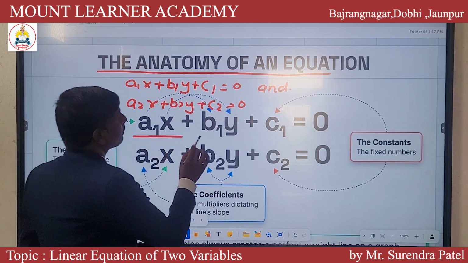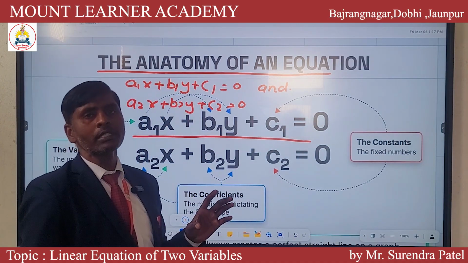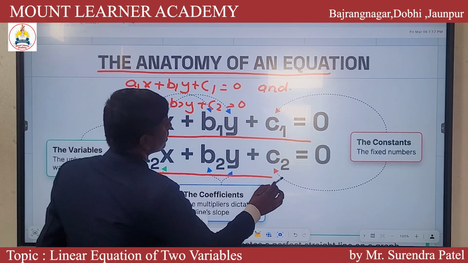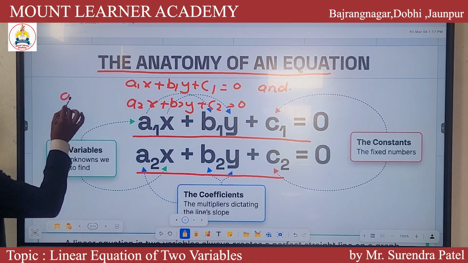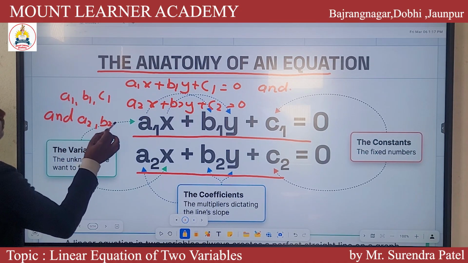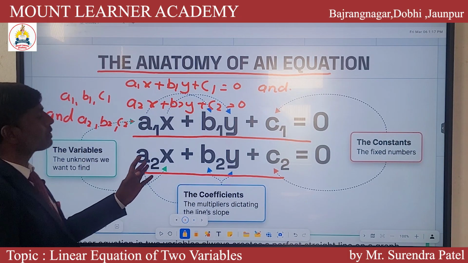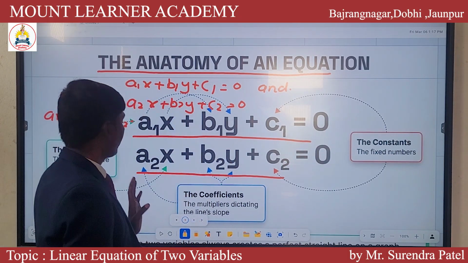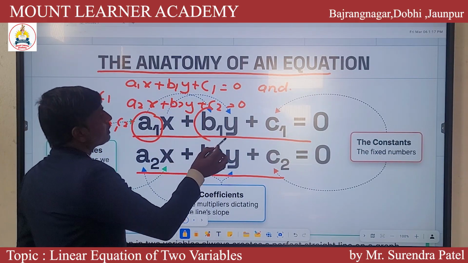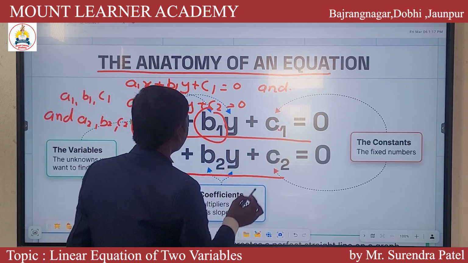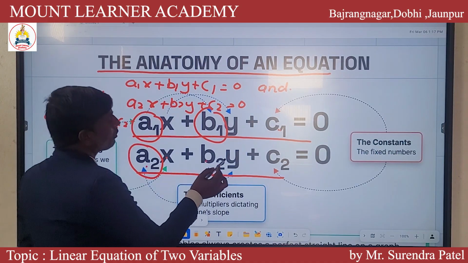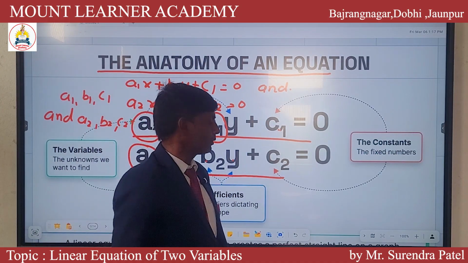Here a1, b1, c1 and a2, b2, c2 are constants, and x, y are the variables. a1 is the coefficient of x, b1 is the coefficient of y, and c1 is a constant. Similarly, a2 is the coefficient of x, b2 is the coefficient of y, and c2 is a constant value.